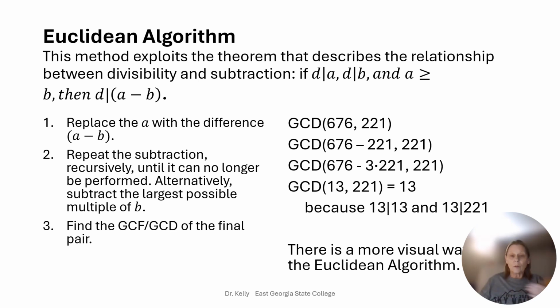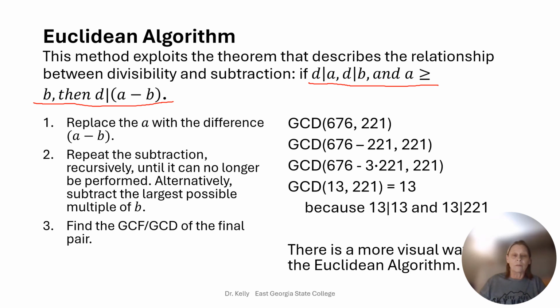As we go along, of course, our sophistication increases, and here we're going to talk about the Euclidean algorithm, and this method exploits the theorem that describes the relationship between divisibility and subtraction. If you remember back in the last lecture when we talked about divisibility, maybe 2 lectures ago, I introduced a big long list of theorems, and this is one of the pieces of that theorem that had like 5 parts.